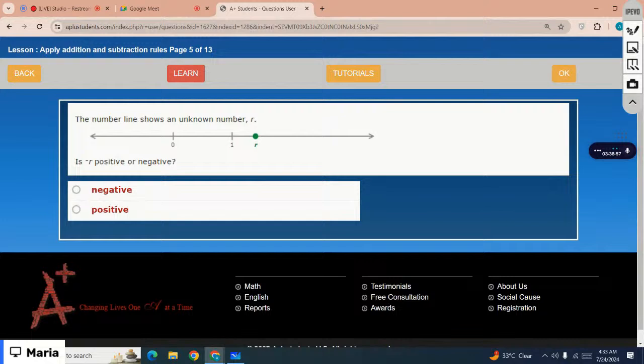The correct option is r is positive. Okay, you can complete the lesson by yourself later today. Let me just move on to the next lesson.